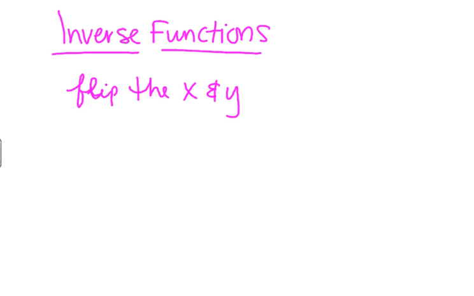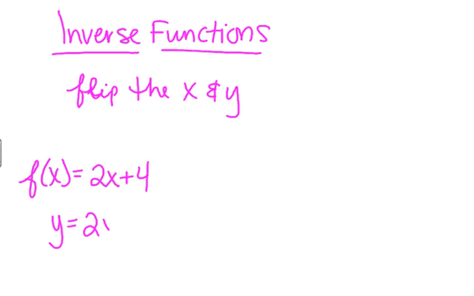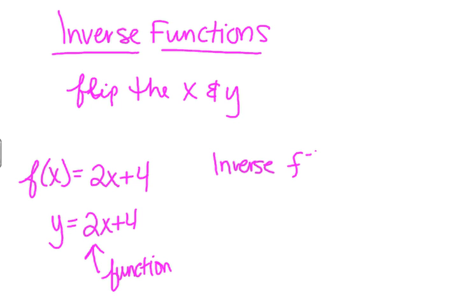So if I have f of x equals 2x plus 4, that is the same thing for the most part as saying y equals 2x plus 4. So this guy right here, he is the function, okay? To find the inverse, it's also going to look like this.